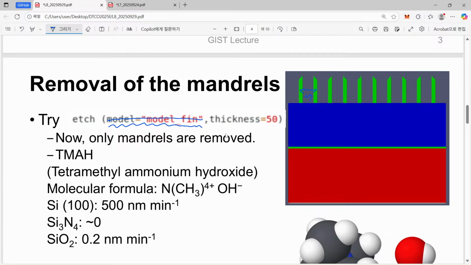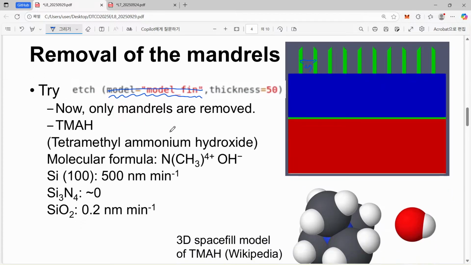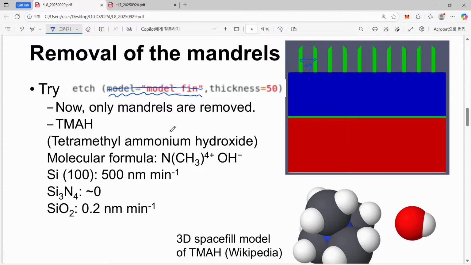Now the remaining thing is this one. How can we make this kind of selective etching? Which one can provide us quite a good etching rate only for amorphous silicon, and at the same time, no etching for our silicon dioxide, it is saved.